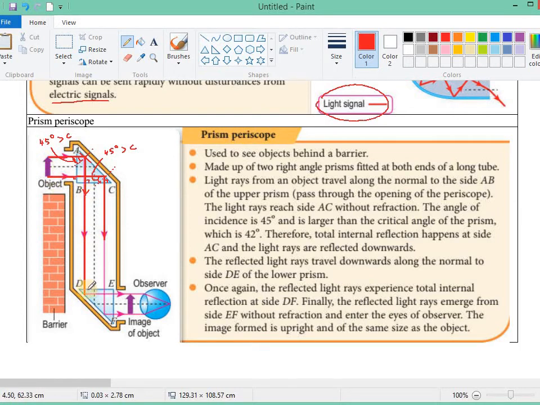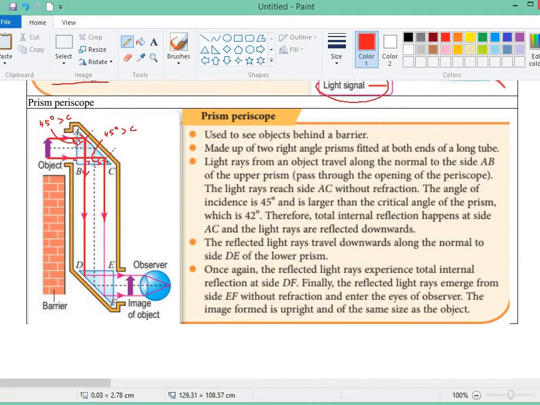All of the light reflects into the eye of the observer, so the image will be brighter compared to if you use just a mirror periscope.